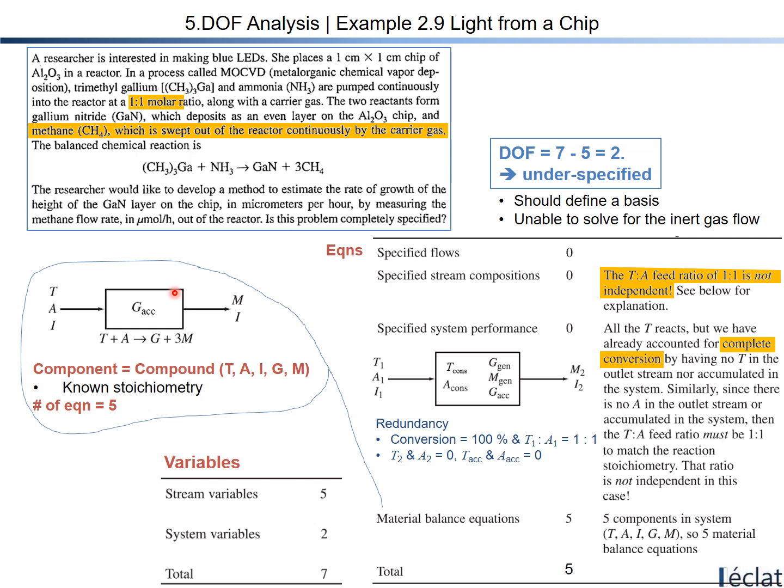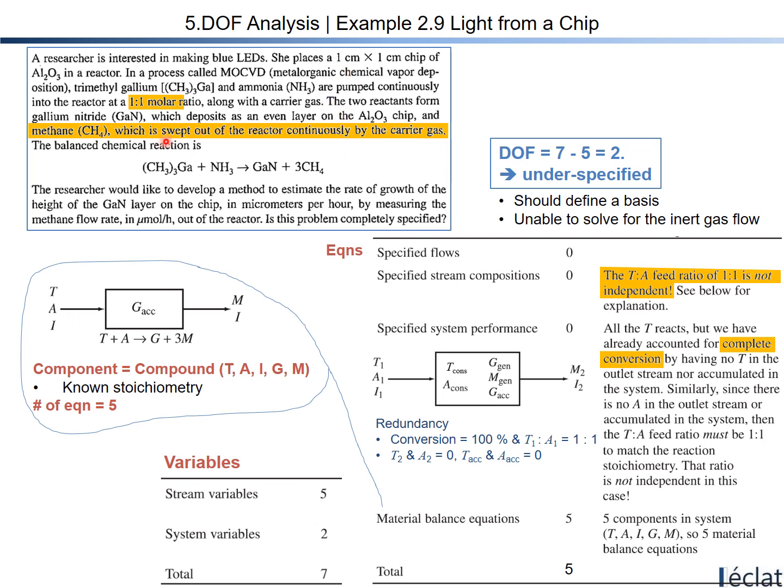So this gallium nitride is accumulated inside of the reactor, and you can find only methane with inert gas in the output stream. So let me check several specifications. In this problem statement, you can find a 1-to-1 molar ratio between reactants like T and A.